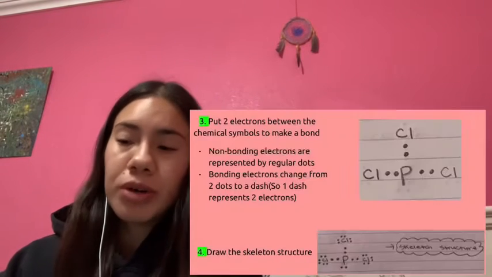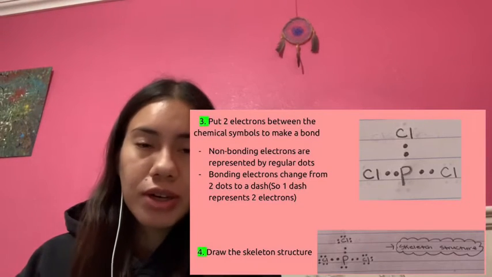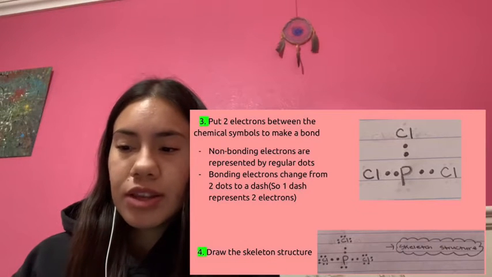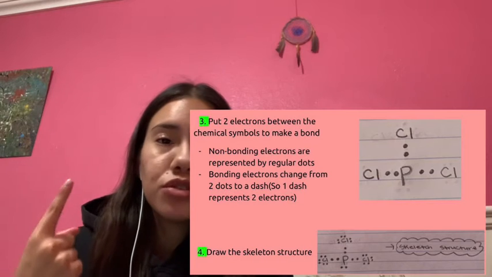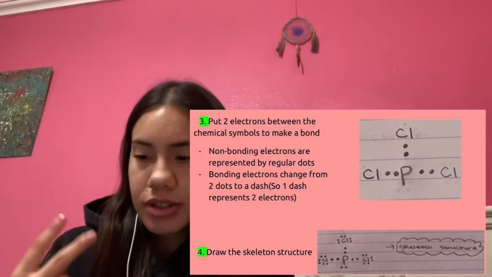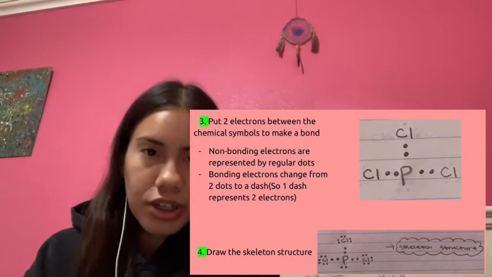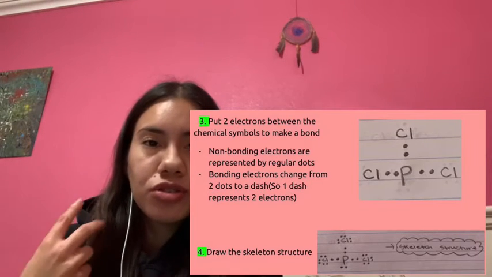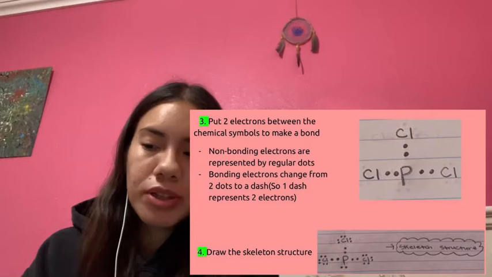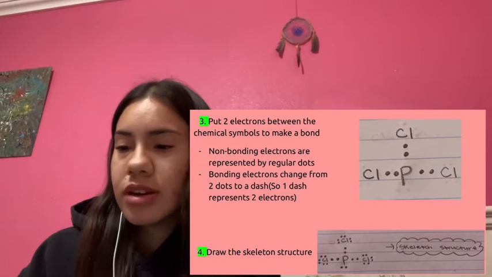When electrons are bonding, they are represented by a dash. One dash represents 2 electrons. Later we'll change that, but for now you should know that a dash represents 2 electrons, and non-bonding electrons are just regular dots.